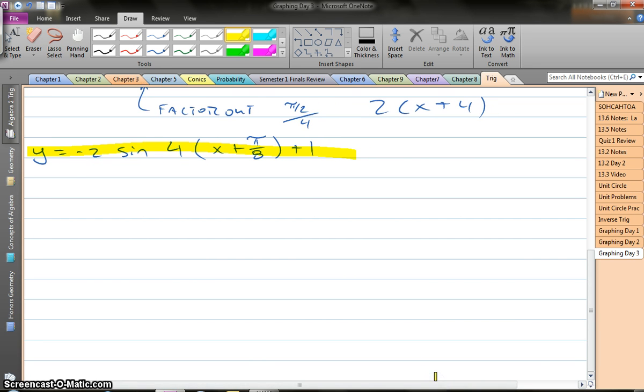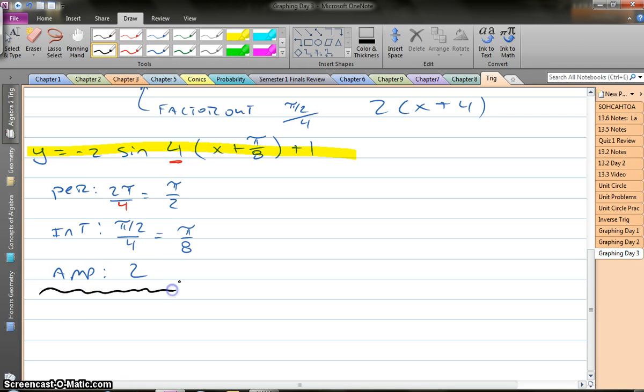So now when we set everything up, we have my period, which is 2 pi over my b value, which is 4. So that gives me pi over 2. My interval is pi over 2 divided by 4, which gives me pi over 8. My amplitude is 2.